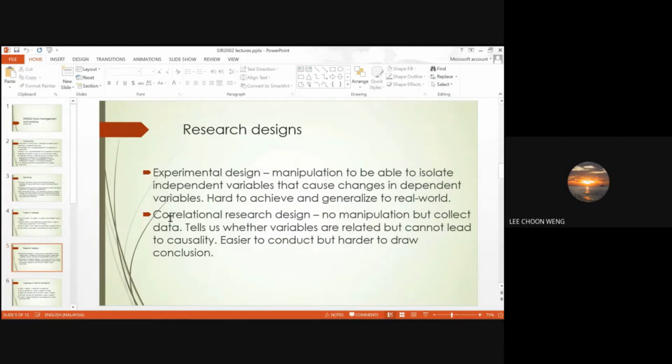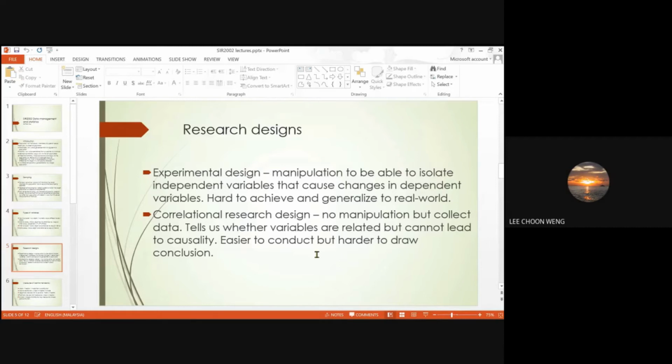So correlational research design, you do not carry out any experiments to manipulate, such as incubation experiments, but you just collect data. For example, you collect bacterial growth rate data from the environment at different temperatures over time.